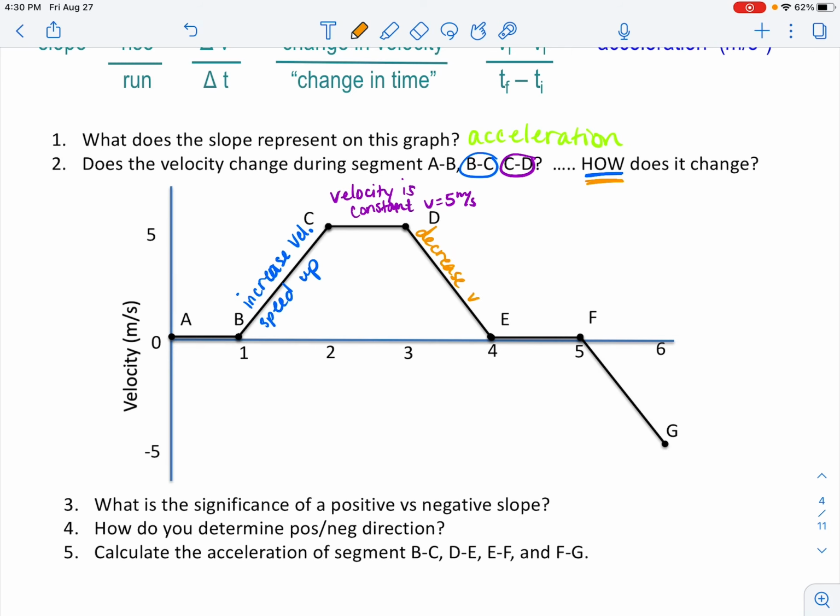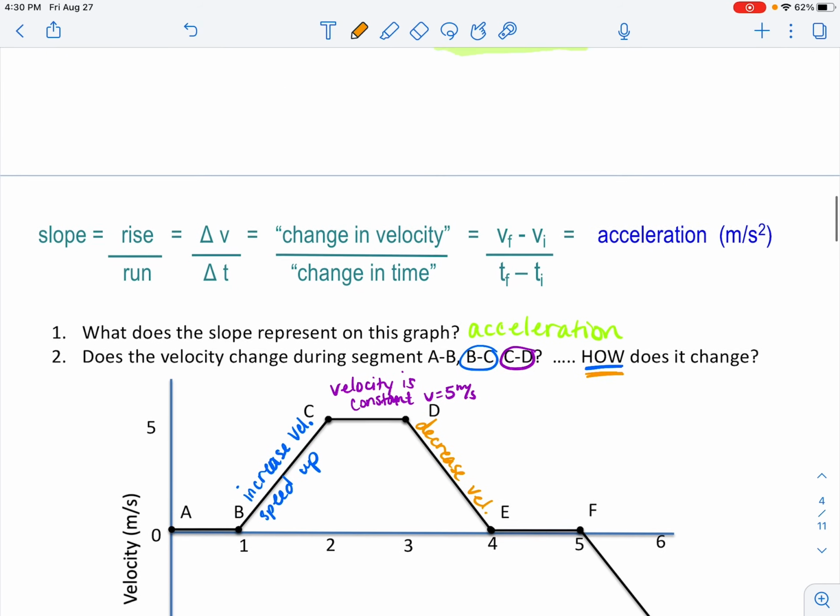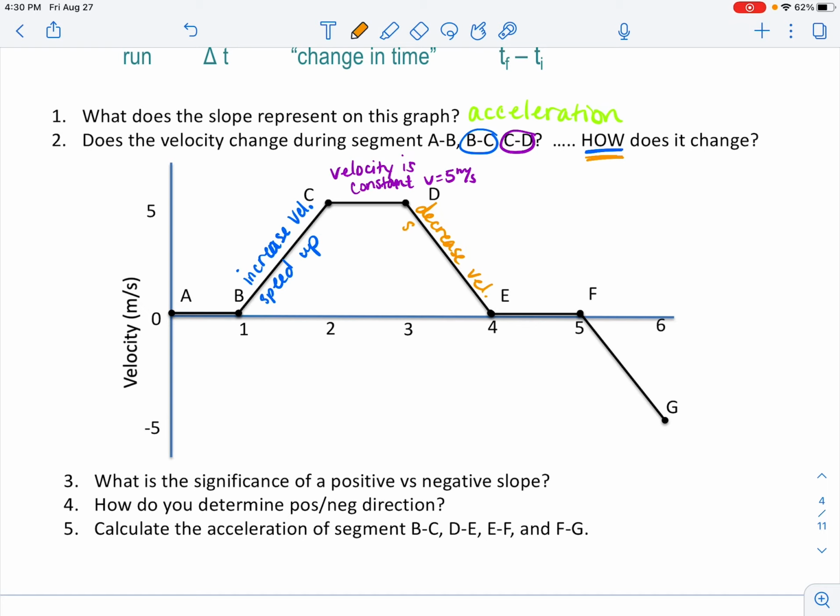We started at 5, we ended at 0. So you might also choose to say that my object slowed down. All right. Once again, having an acceleration value here is going to tell me that my object changed velocity, and it's also going to specifically indicate that my object slowed down.